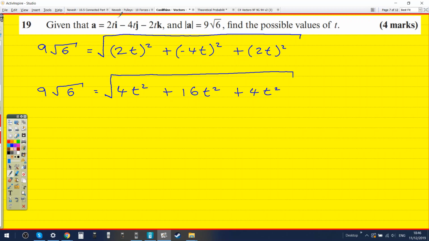And so it would be the Pythagoras of those three: 2 squared, 4 squared, 2 squared. There's a t along with it, and so we have to put that in as well. But it doesn't change it very much. So 2 squared is 4. Minus 2 squared is also 4. Minus 4 squared is 16. And 4 plus 16 plus 4, I believe, is 24. So tell me if there's anything there that's confusing.